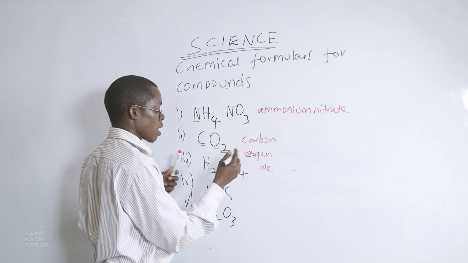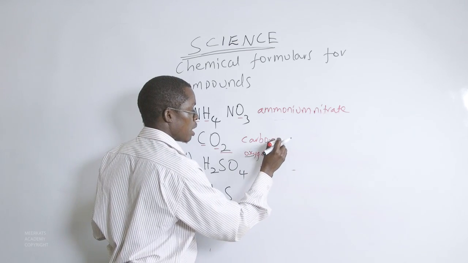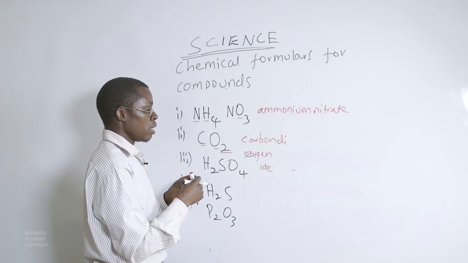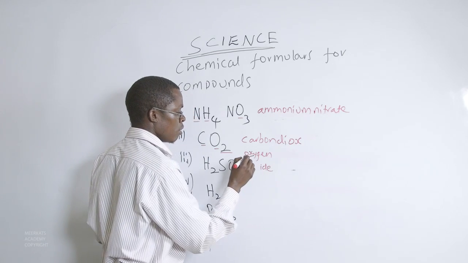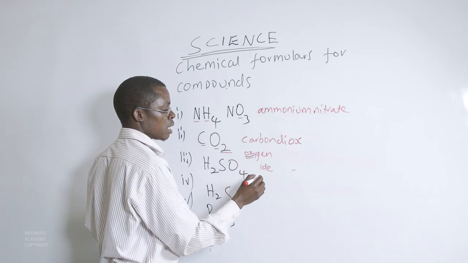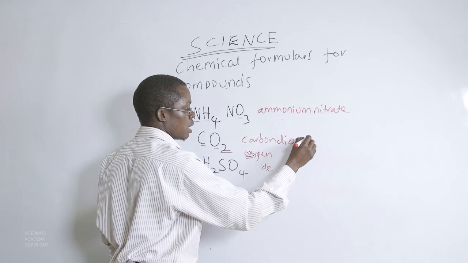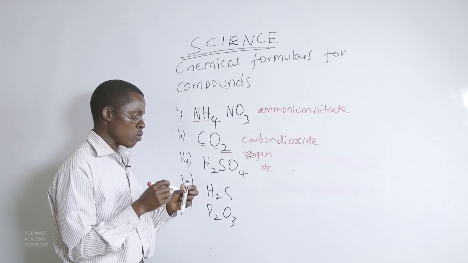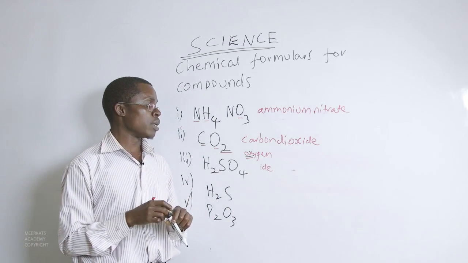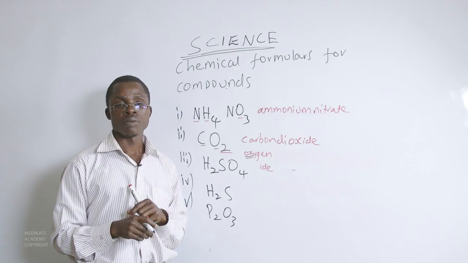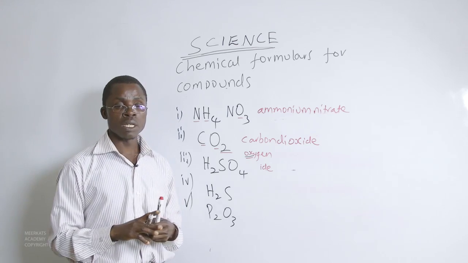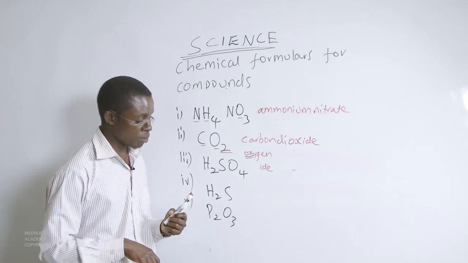So you can have carbon, di, then fill in the name OX for oxygen, then IDE as a rule, giving our name as carbon dioxide. Carbon dioxide as a name.